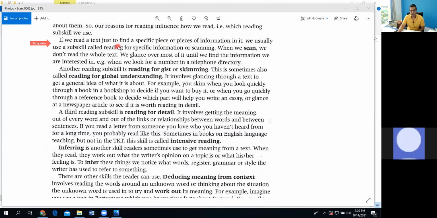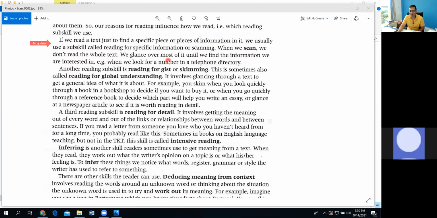If we read a text just to find a specific piece of information, we usually use a sub-skill called reading for specific information or scanning, highlighted. When we scan, we don't read the whole text.